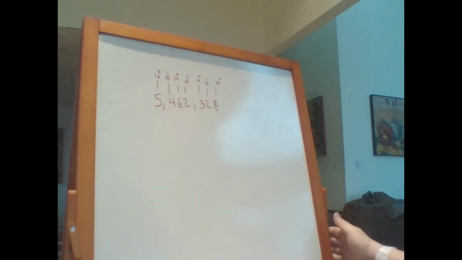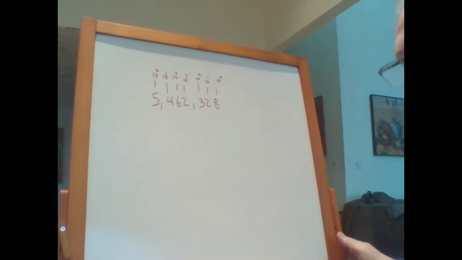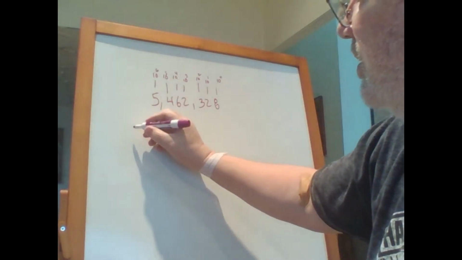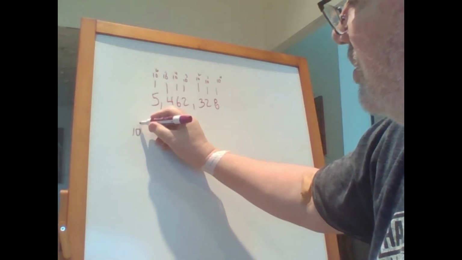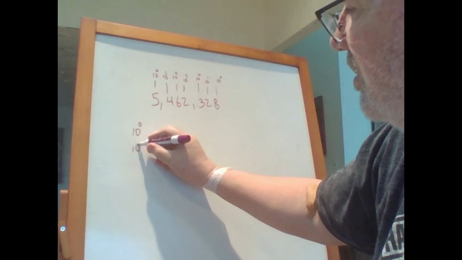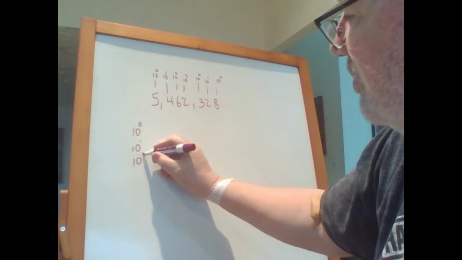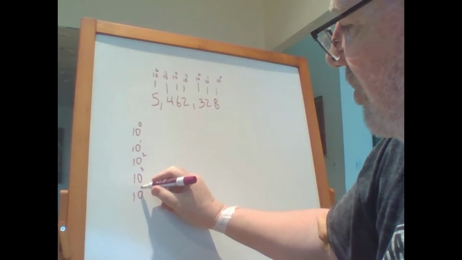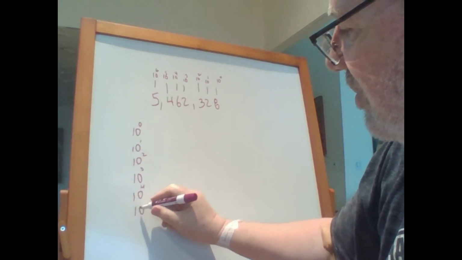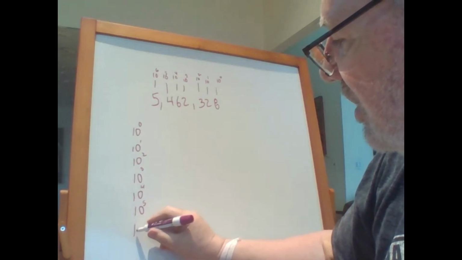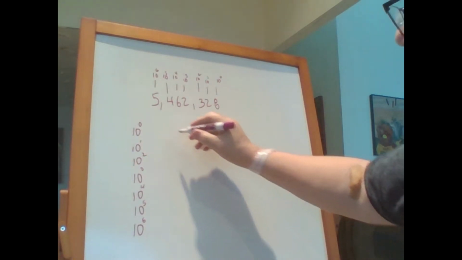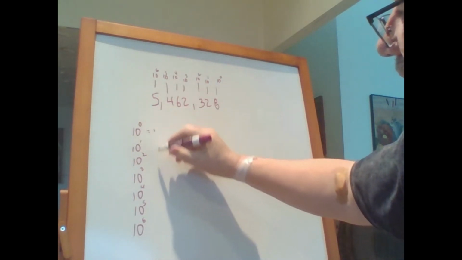Okay. Now, what we do here is, let's say we write this 10 to the 0, 10 to the 1, 10 to the 2, 10 to the 3, 10 to the 4, 10 to the 5th, 10 to the 6th. And we remember what it means for that to be the power. This is equal to 1.